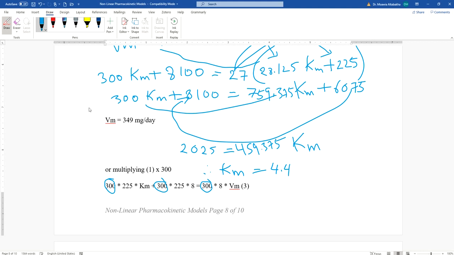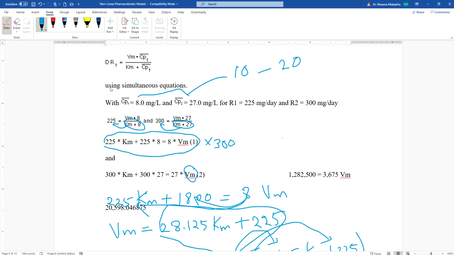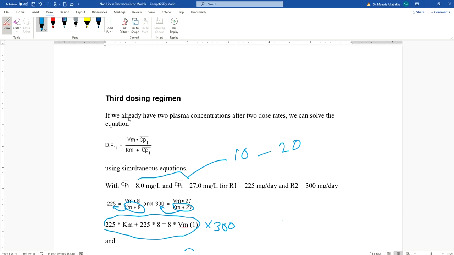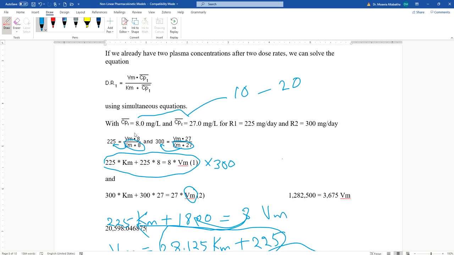What is the unit of Km? We said it is the concentration, same as Cp. Cp is in milligram per liter. So once you get your Km, which is 4.4 in this case, then you can use any of these two equations, whether this one or this one, to get your Vm.